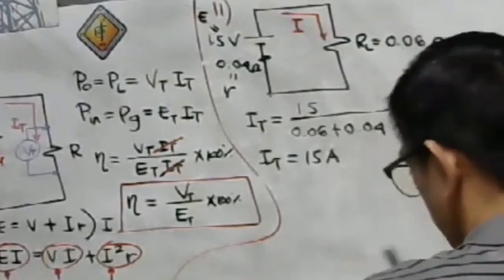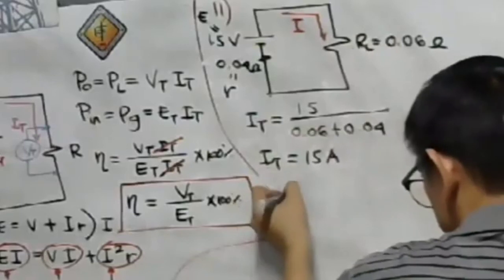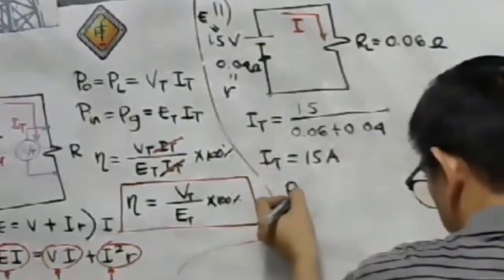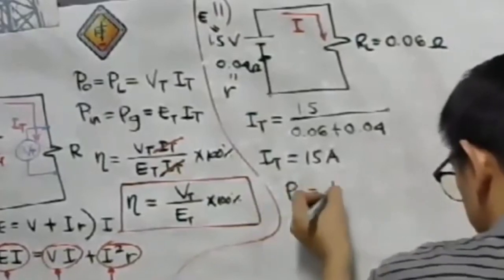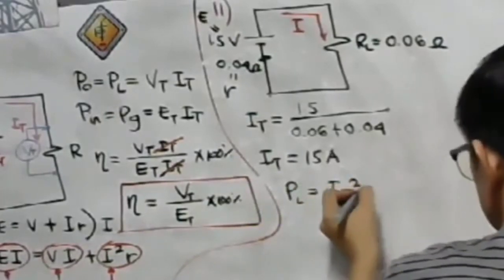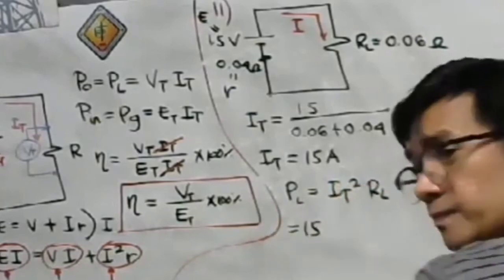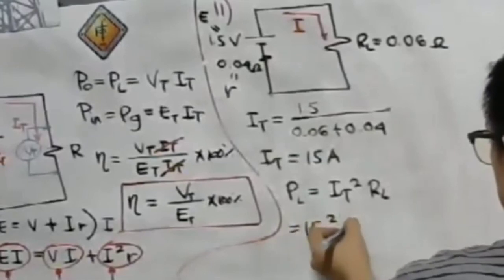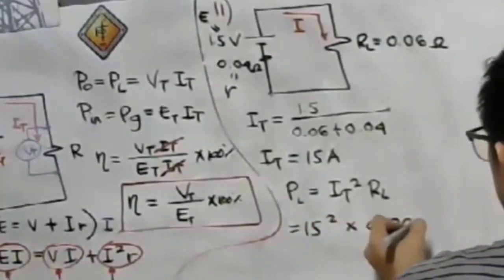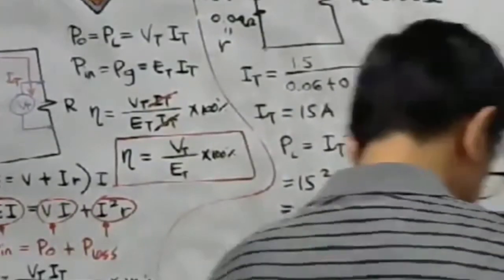Okay. So the question is the power delivered at 0.06 ohm. The total power delivered at the load is simply equal to the I total squared times R_L. What is our I total? 15. So that is 15 squared, then multiplied by 0.06. So what is the value?